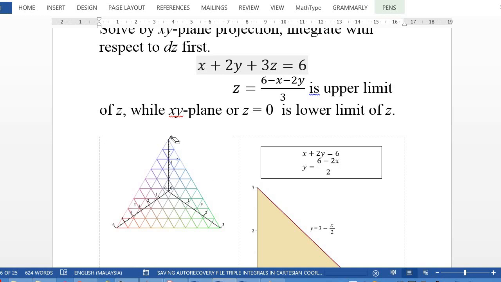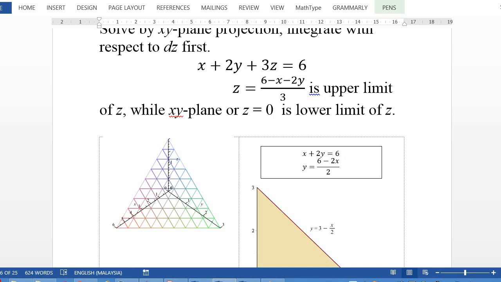The upper surface is bounded by this tetrahedron, and the coordinate planes are here: you have the zx plane, this is the zy plane, and the bottom is your xy plane, in the first octant, so x, y, z positive.